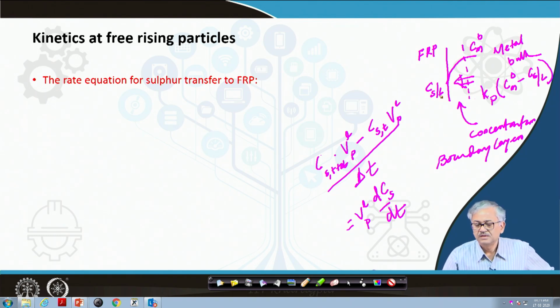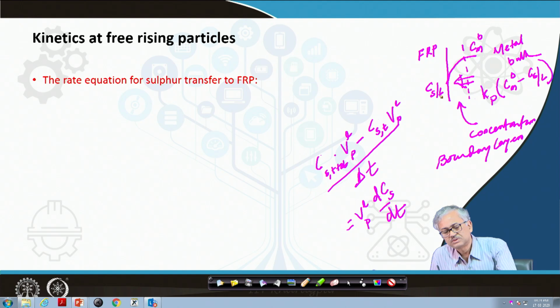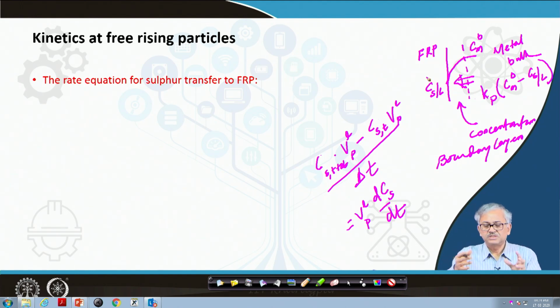It is the equilibrium concentration in the metal phase with the bulk concentration in the slag. So this is the equilibrium concentration, and this is the bulk actual concentration.